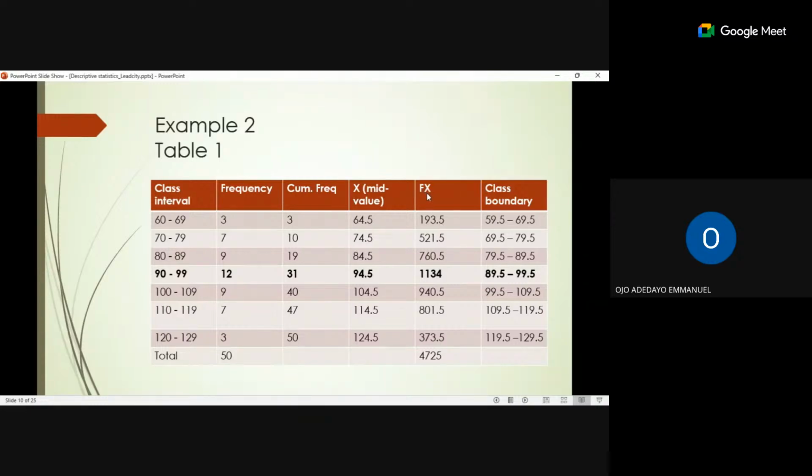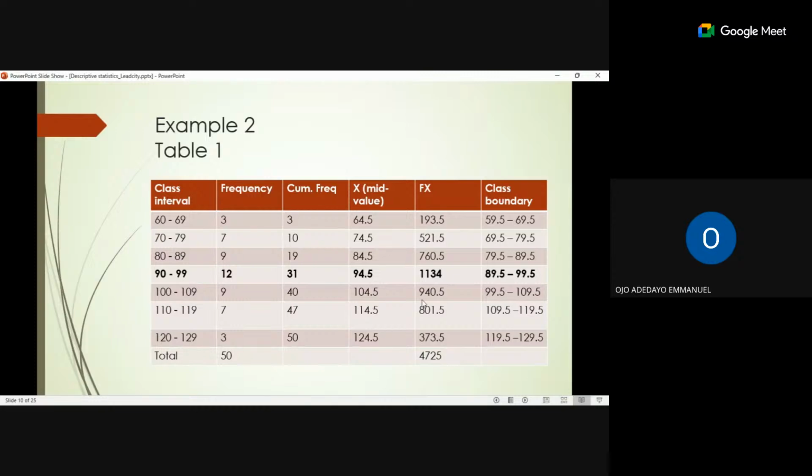Remember that the formula for finding the mean for grouped data is summation fx over summation f. So how do we get summation fx? Summation means add them together. You've gotten your fx, so add all these fx together, and we are going to have 4,725.